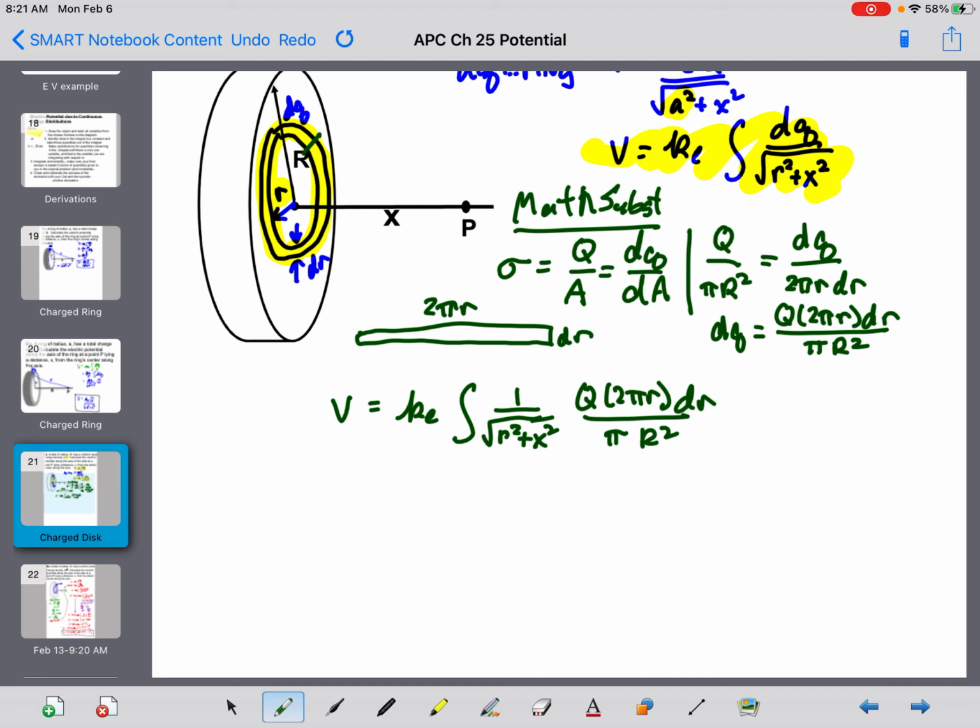Factoring out what's constant, we've got a 2 pulls out, k sub e, Q, pi divided out, r stays in, so I have the integral of r over the square root of r squared plus x squared dr. Make sure I didn't lose anything. No, we look good. Now the endpoints of integration: little r is going to go from 0 to big R. This sets us up to be able to do integration by u substitution.